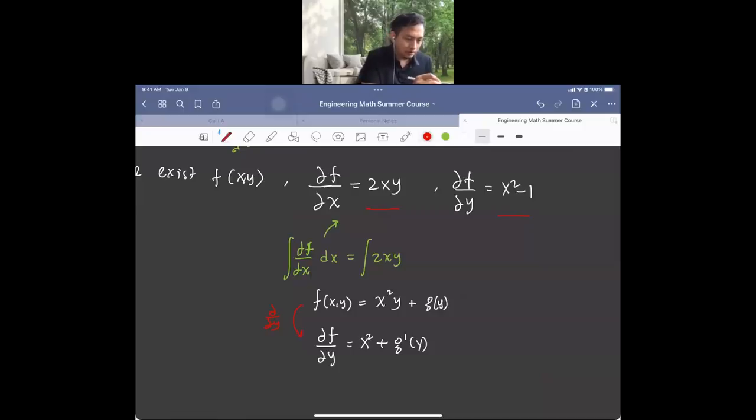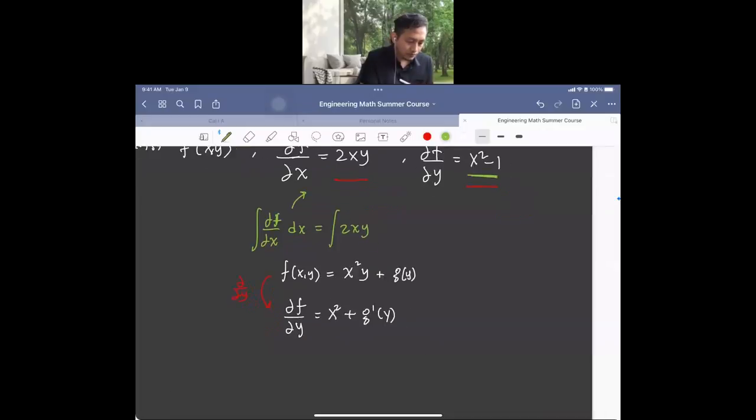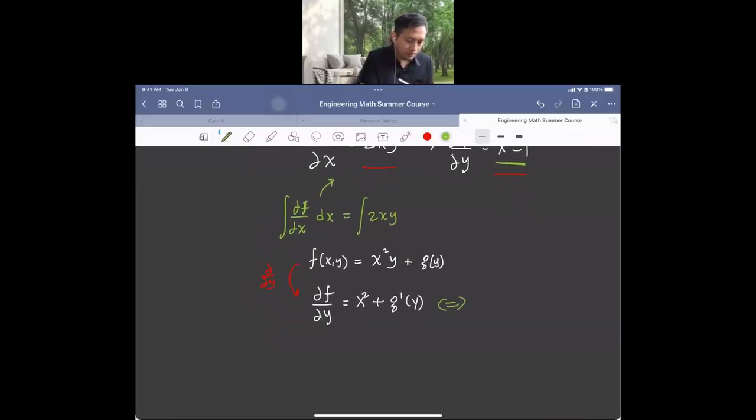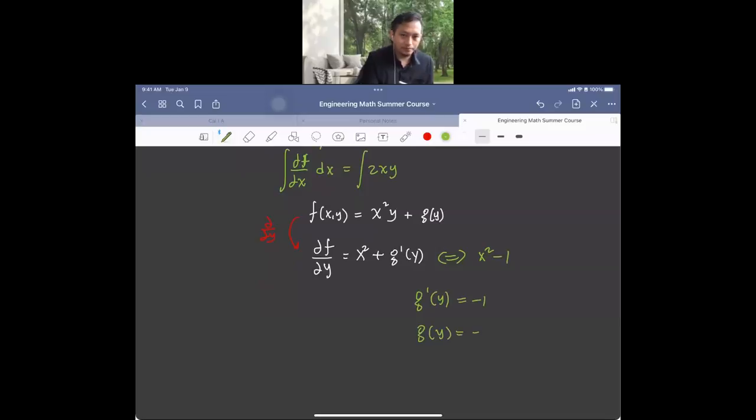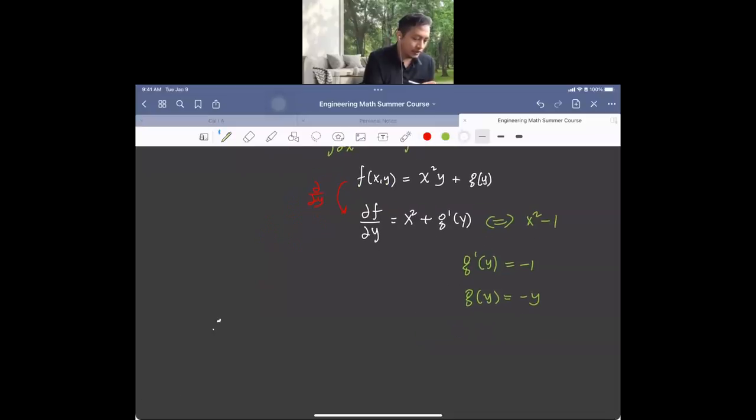Before we conclude the results and set this as our solution, that provided that g prime of y is equal to -1, so g of y is -y. So as a conclusion, our function is x squared y minus y.